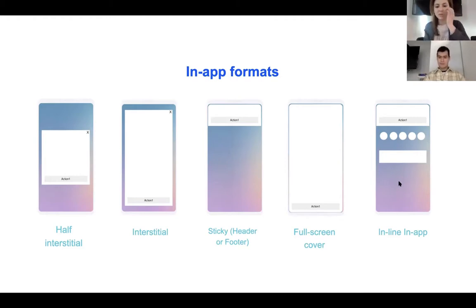The main difference between the inline in-app message and other formats is that the inline in-app message is located right within the app content. So these messages are organic parts of users' experience, and they allow you not to interrupt them with your messages, and it's more natural for them to respond to them.